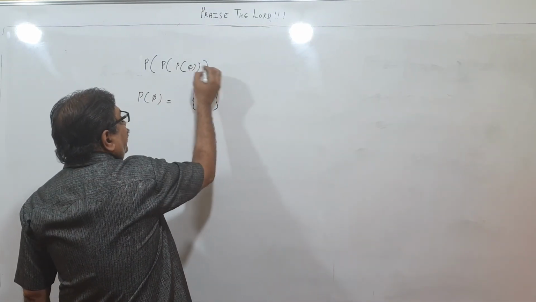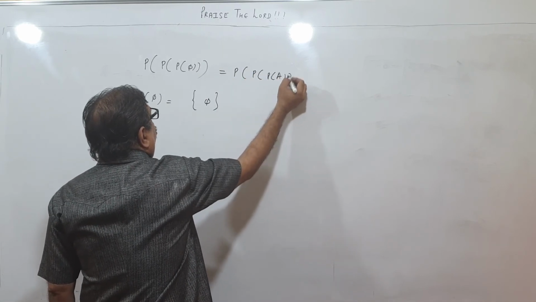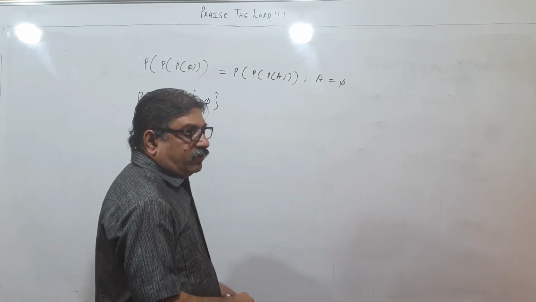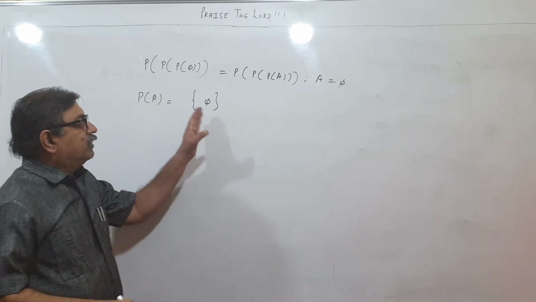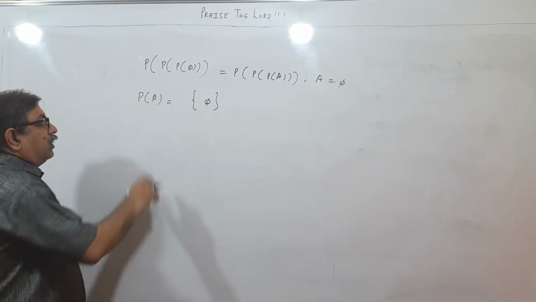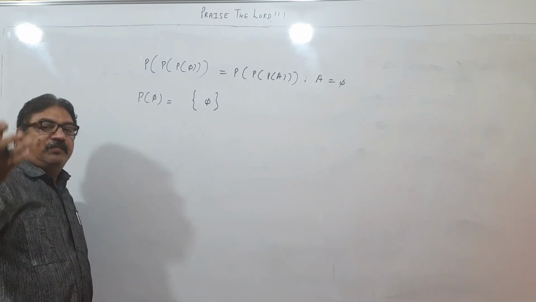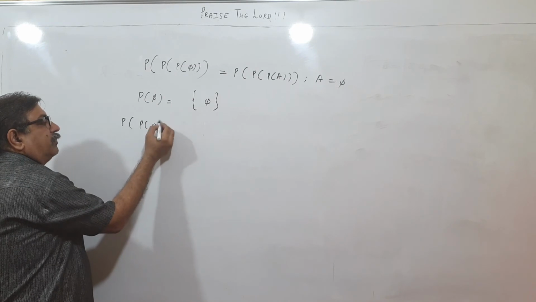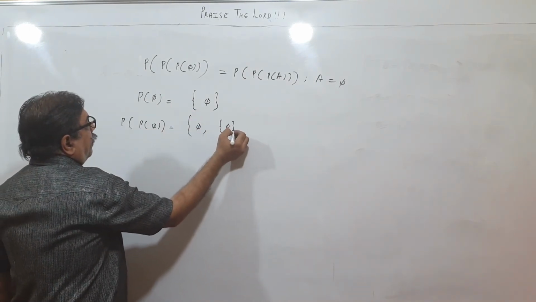If I think of this as A, so this is equal to P(A), where A is the null set. If A is the null set, what is the subset? Null set itself. So I put that set over here, so it becomes the power set. Now this set is having one element, so its power set will have 2 raised to 1 subsets, means 2 subsets. So the power set will have the null set and this element.